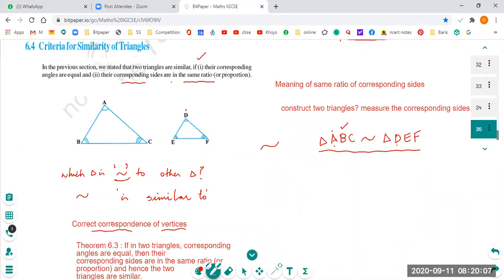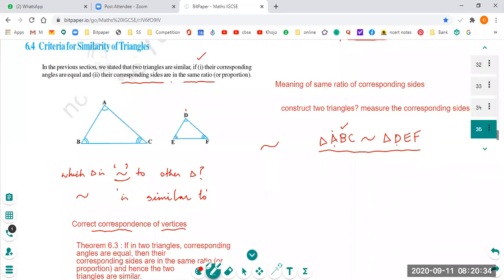I'll tell you how. It says the corresponding sides are in the same ratio. What is the meaning of this? It means AB divided by DE is equal to BC divided by EF is equal to AC divided by DF. So now I need not see the triangle and write. I can even write from here.